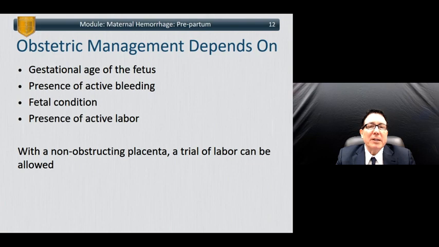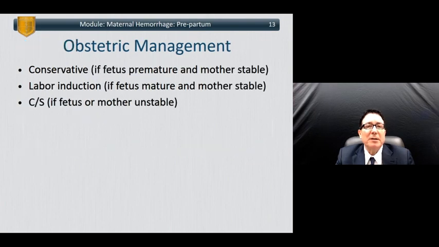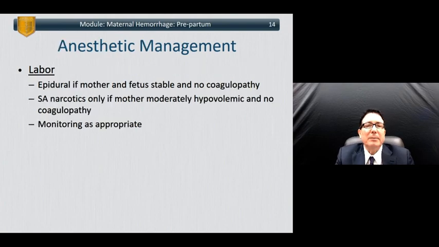Although many obstetricians recently, with any kind of placenta previa, will perform a cesarean section. Again, conservative management if the fetus is premature and the mother is stable, or labor induction if the fetus is mature and mother is stable, and C-section if either the fetus or the mother is unstable.